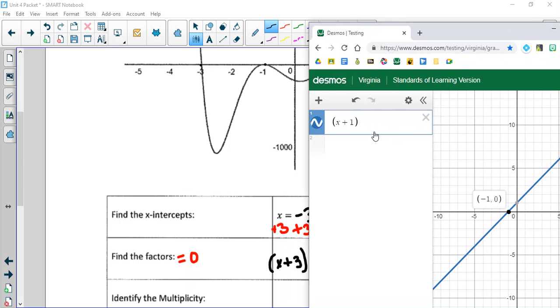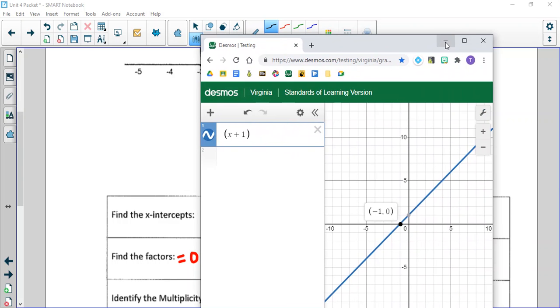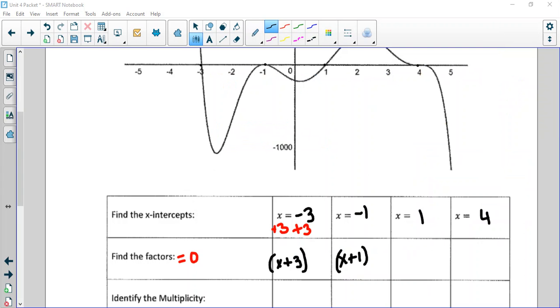And it's going to make more sense when we just put the whole thing together. Okay, so I wanted to go through +1, so I'm going to have to write x minus 1. And I needed to go through positive 4. So to be able to graph it, if I do x minus 4, it's going to go through positive 4.